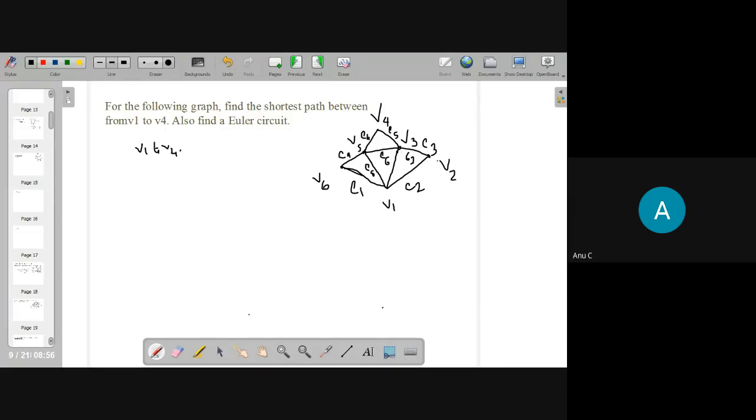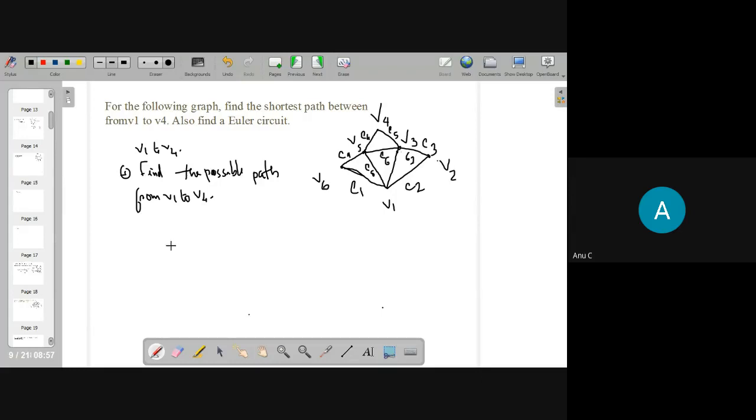Okay, first find the possible paths from V1 to V4.